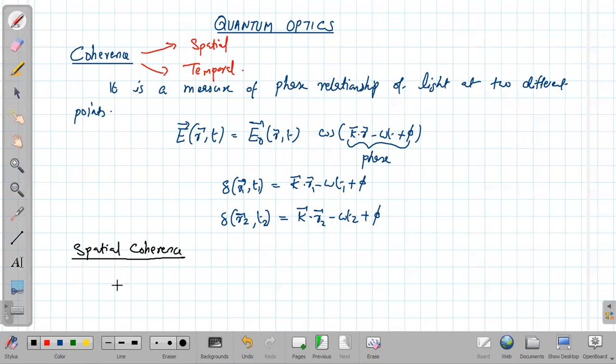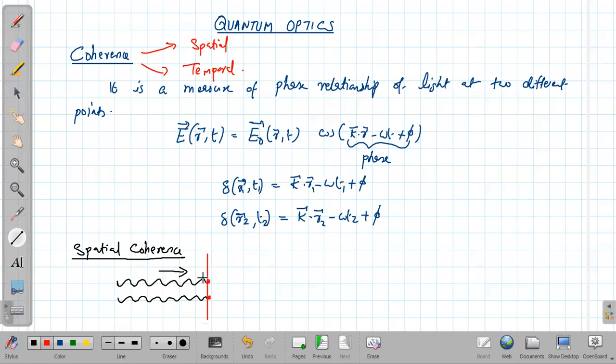Suppose the light is moving towards the right. This is the direction of propagation. If you take two points along the line perpendicular to the direction of propagation, this will be along the wavefront.